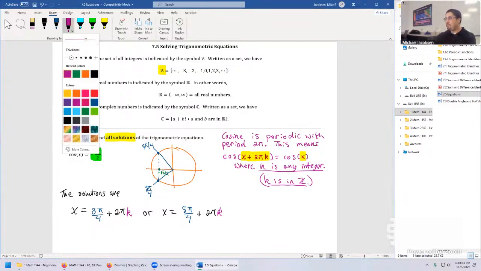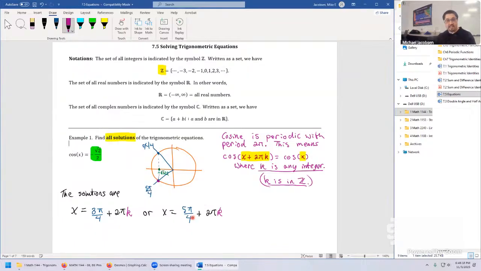Like we mentioned before, if we go to this one, 5 pi over 4, we'd be on this end, that solution. If k is, say, 3, that means we'd be wrapping one time, that's plus 2 pi, another time, that's plus 4 pi, and then another time, that's plus 6 pi, but we end up on the same spot. So we would still get negative root 2 over 2, and it would check in the equation.